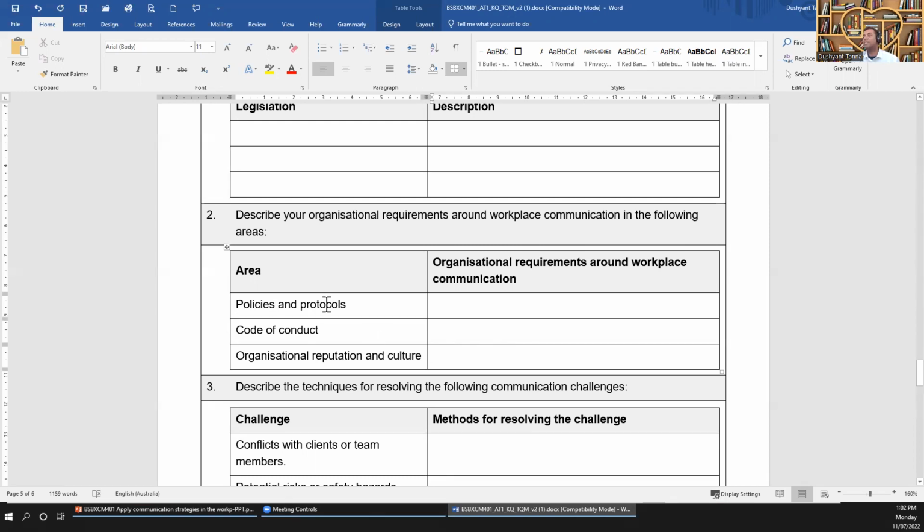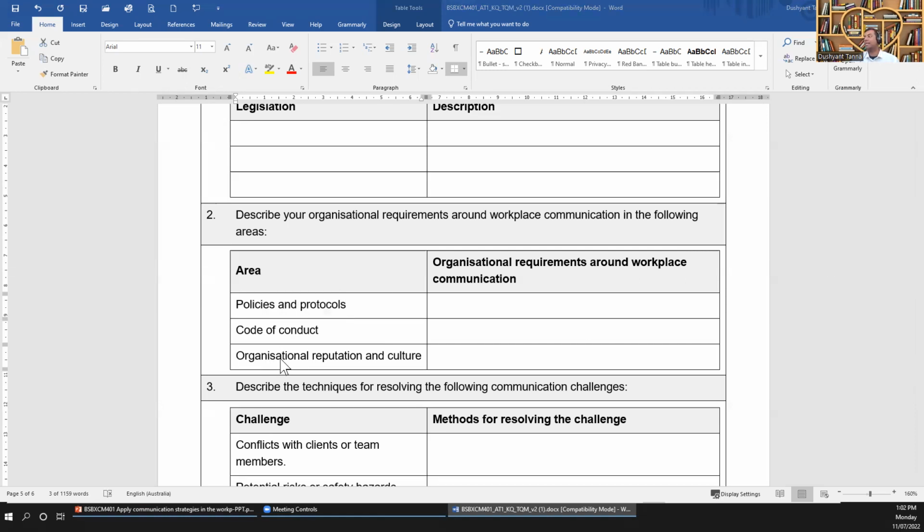What are the policy and protocol? Like being ethical, being honest. If you receive a gift, you should declare it. What is the code of conduct? Again, ethical principles, standard practice, following any COVID hygiene and safety.